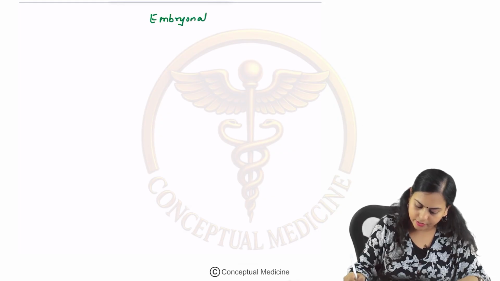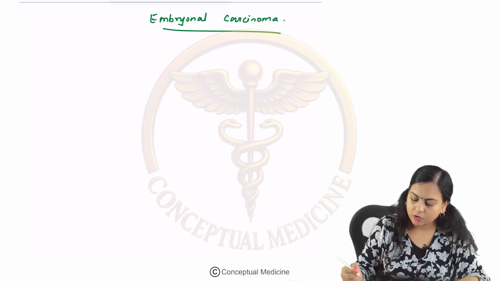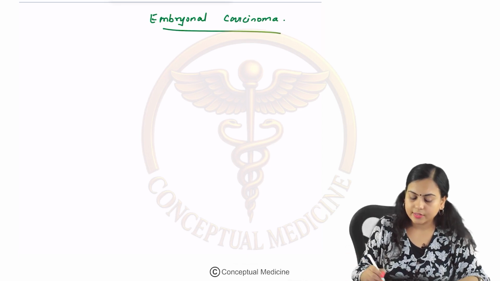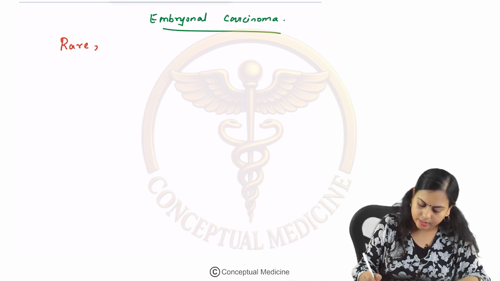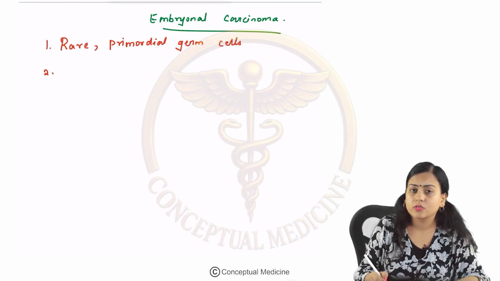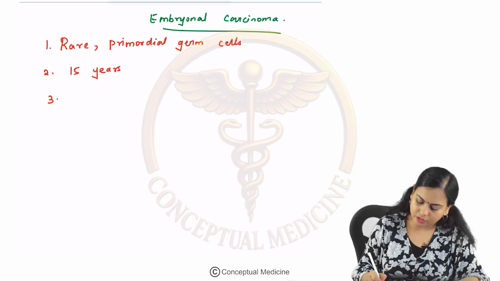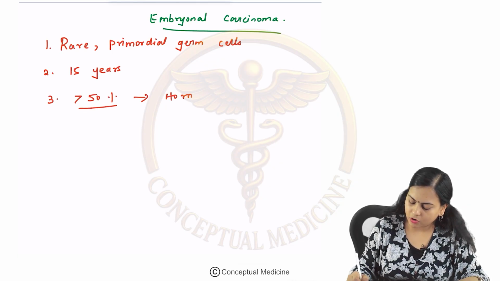Next one is embryonal carcinoma. So, embryonal carcinoma is one of the rare germ cell tumors arising from the primordial germ cells. The mean age of diagnosis of embryonal carcinoma is 15 years, and more than 50% of the patients will have hormonal abnormalities.